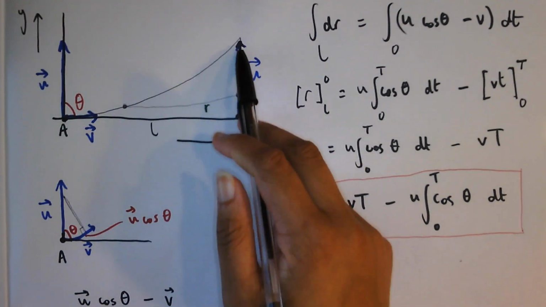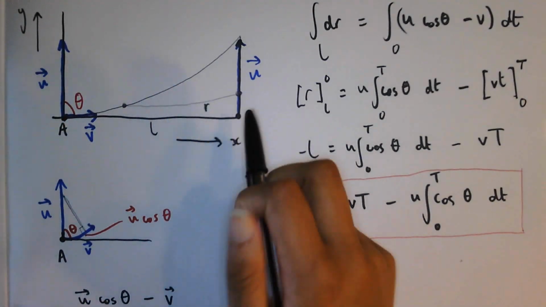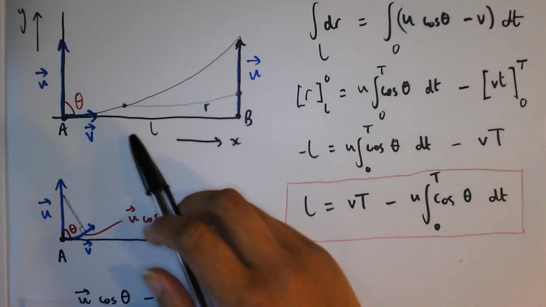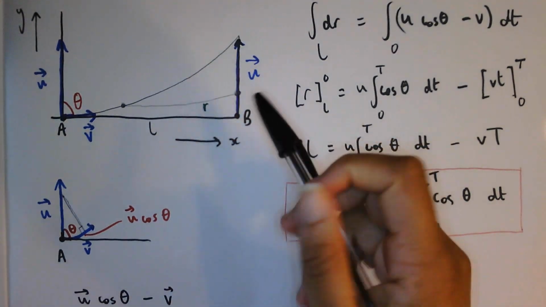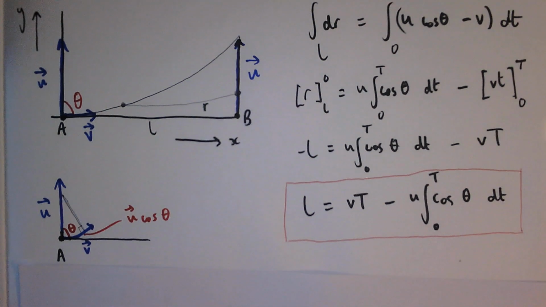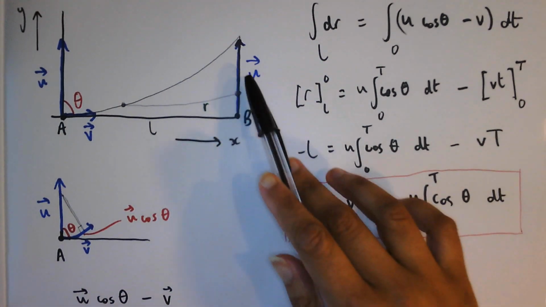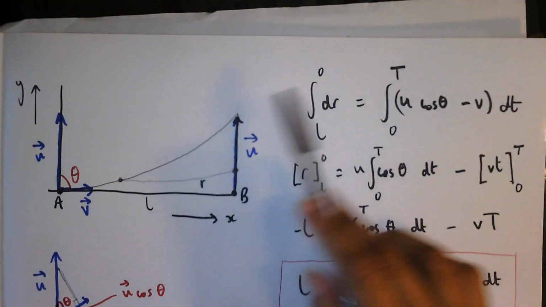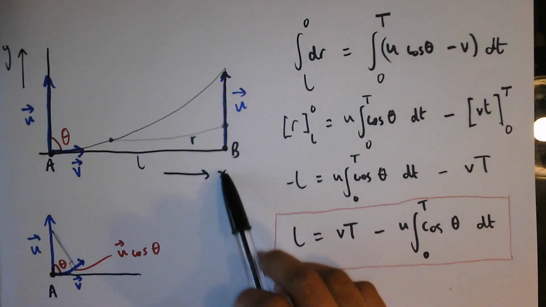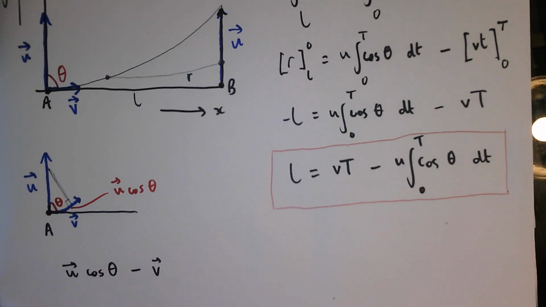B only moves in the y direction, so the distance moved by A in the y direction is equal to the distance moved by B. And we can work out what this distance is because the velocity of point B is constant and we know the time taken for this collision to happen, capital T. So the distance that point B travels is equal to uT.